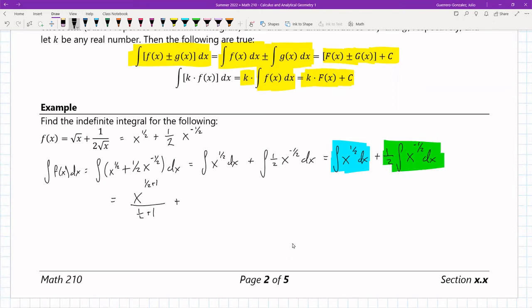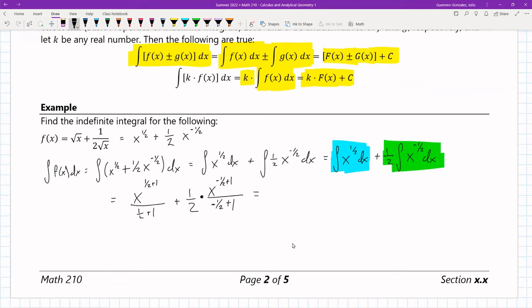According to the rule, the 1/2 just gets to come along for the ride. The integral for the second portion of that is going to be x to the -1/2 plus 1 over -1/2 plus 1. There's a multiplication in between there.